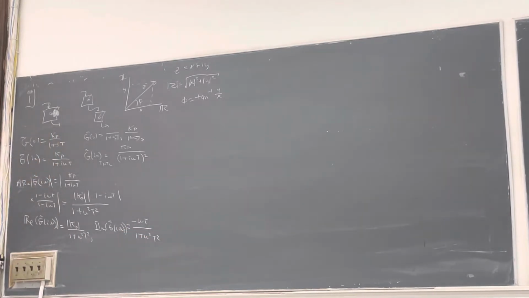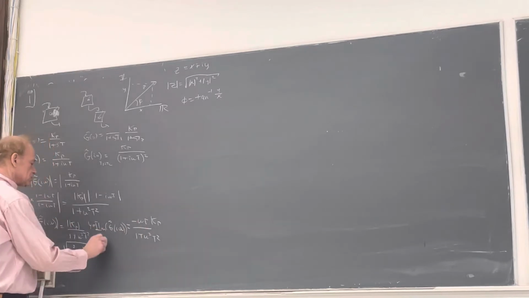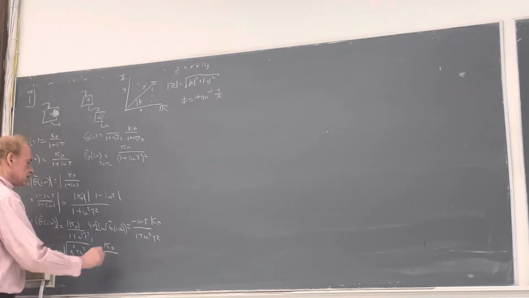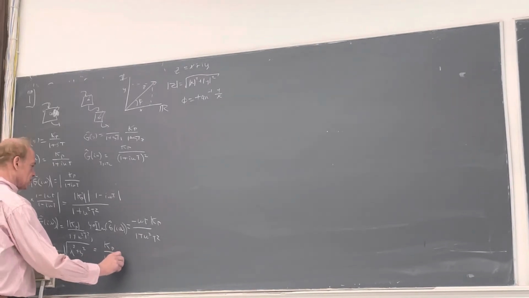So if I take the magnitude, this is x, and this is y, then the square root of x squared plus y squared is the square root, well, I can factor out the quantities that are in both. I also need Kp. So I have Kp divided by 1 plus ω squared τ squared.